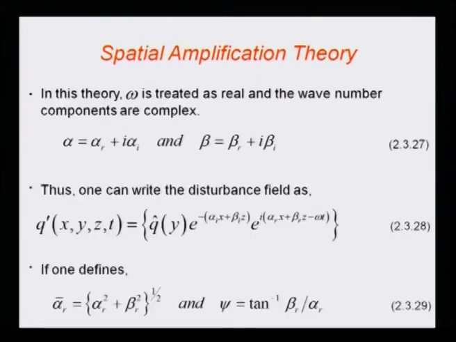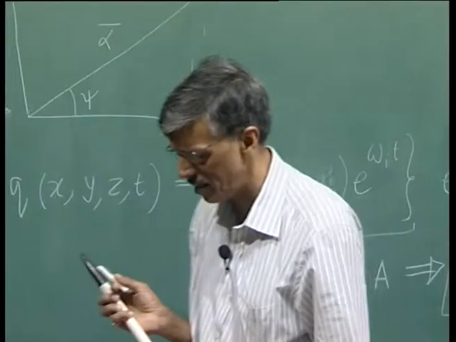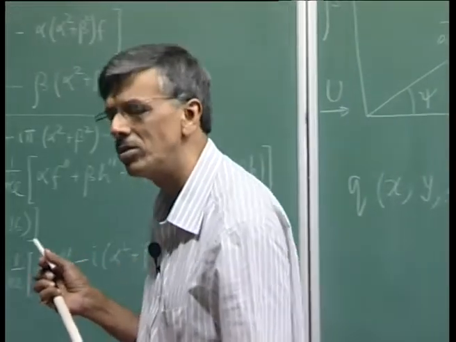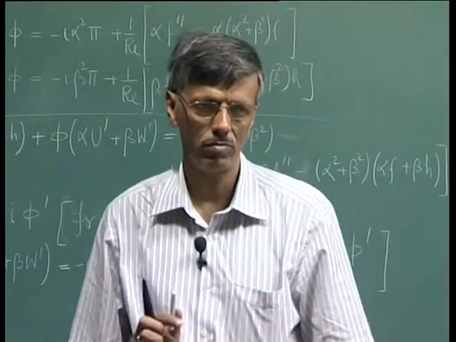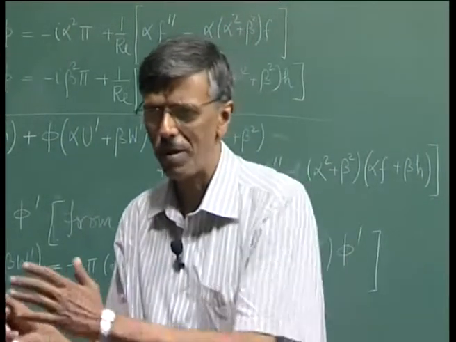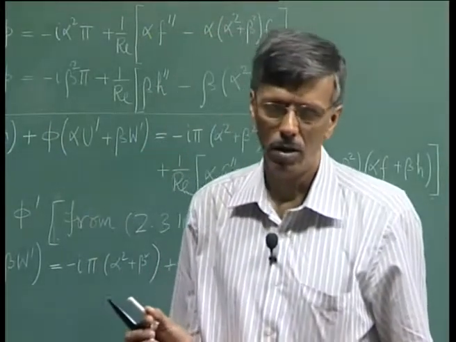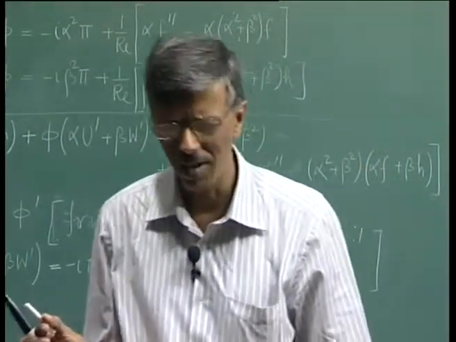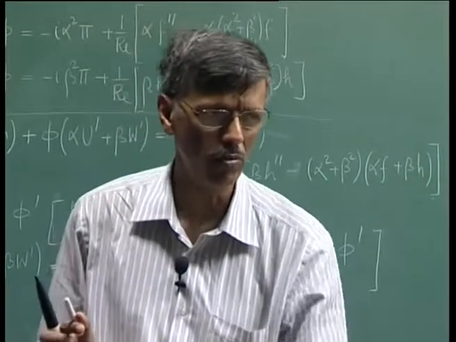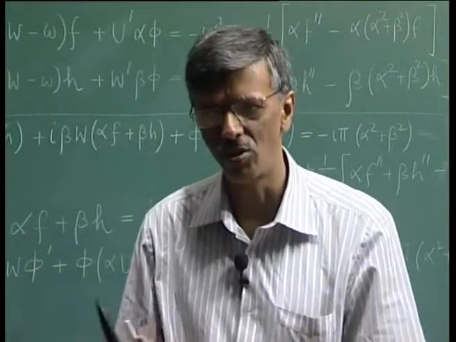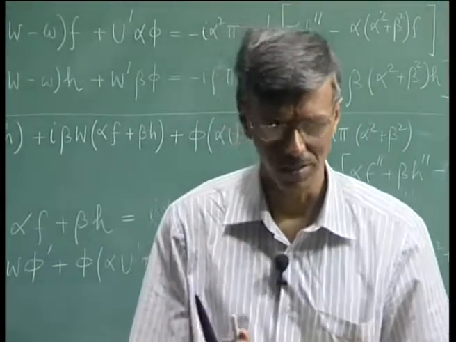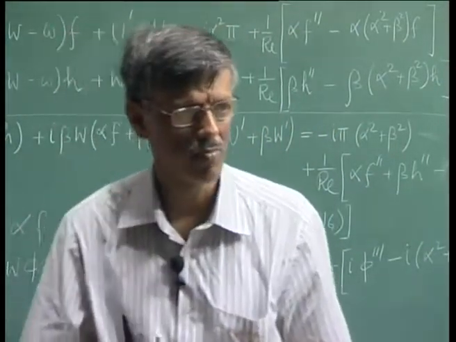Now, we could also have flow scenarios where the disturbances are seen to convect in space. As they convect in space, they grow. So, what is the example? Very simple: flow over a flat plate. There you will see the disturbances do not grow with time, they convect and grow in space. Okay.